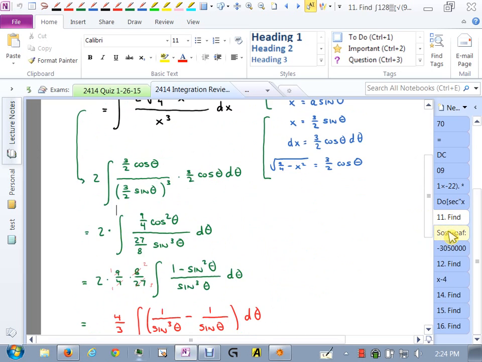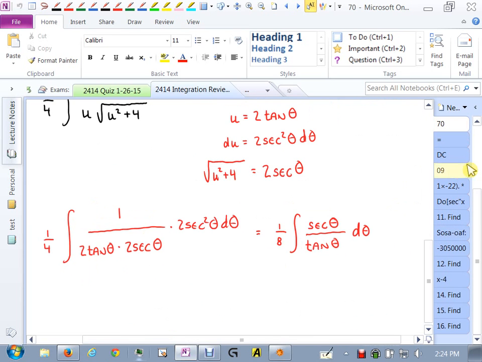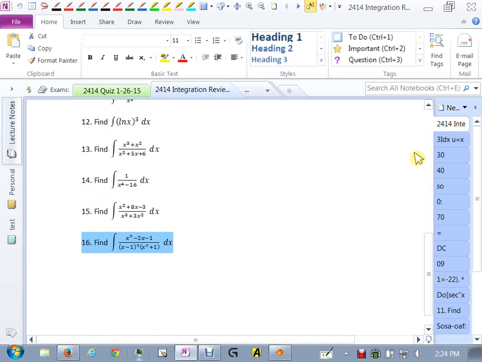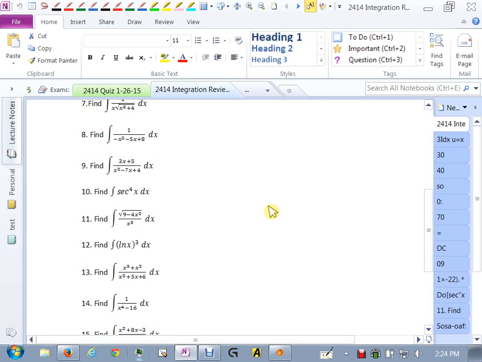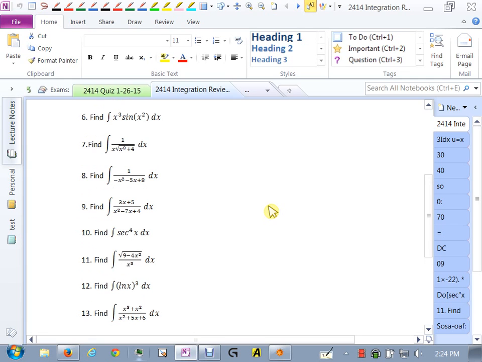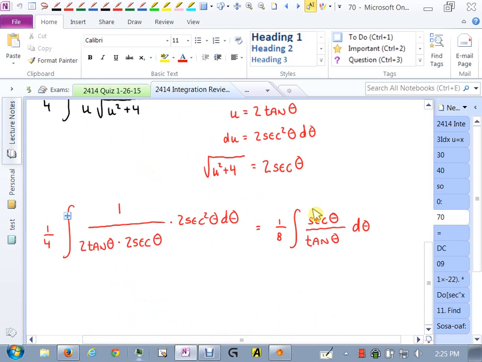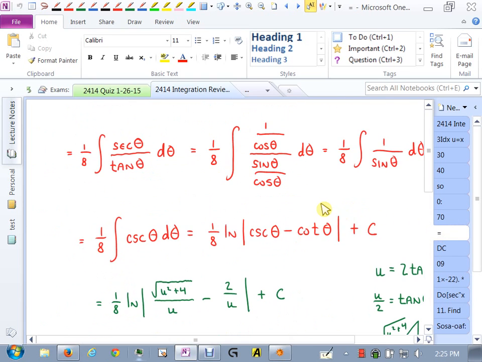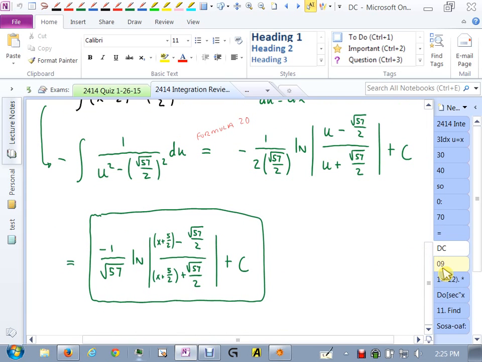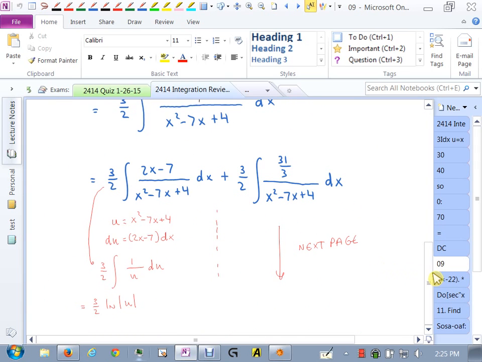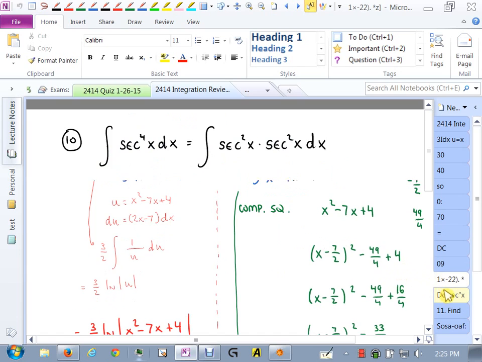Trying to find this one particular problem. Which one was it? Number 7. I think that's it.